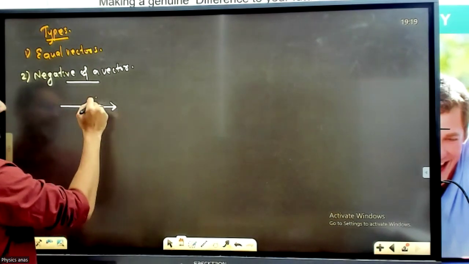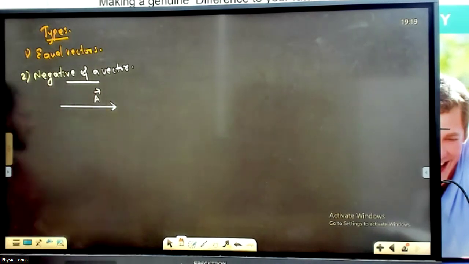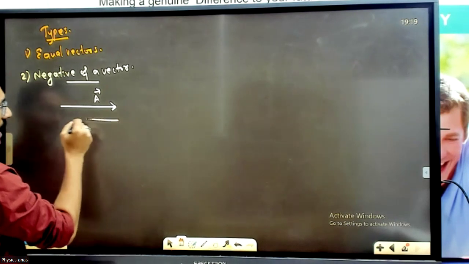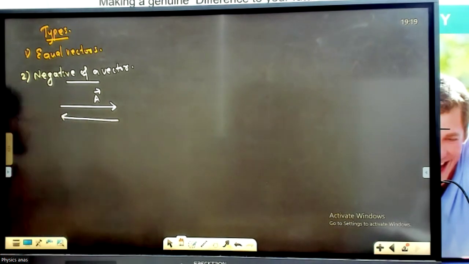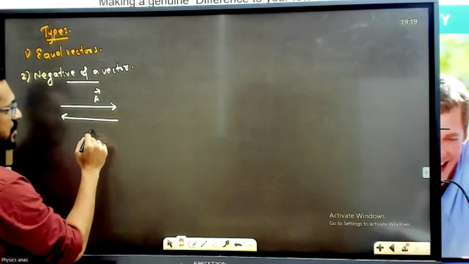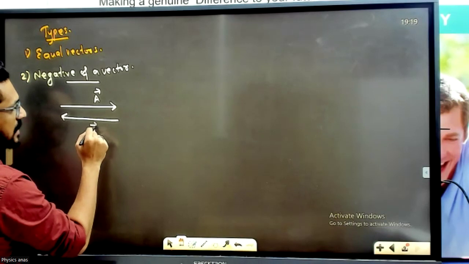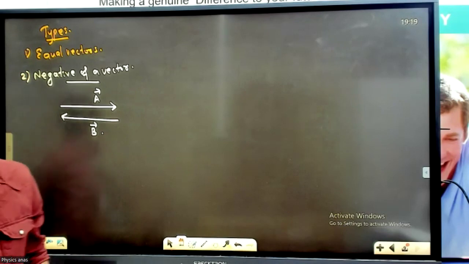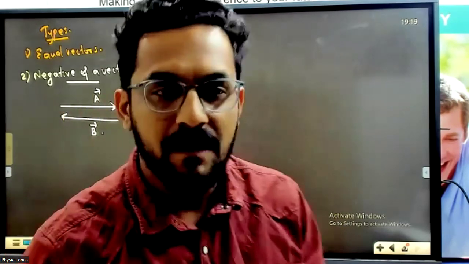This is a vector. I am taking it as vector A. And if there is another vector having the same magnitude but opposite direction, then that will be negative of vector A. So what is negative of a vector?